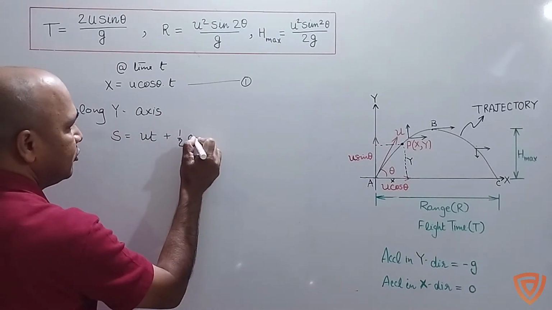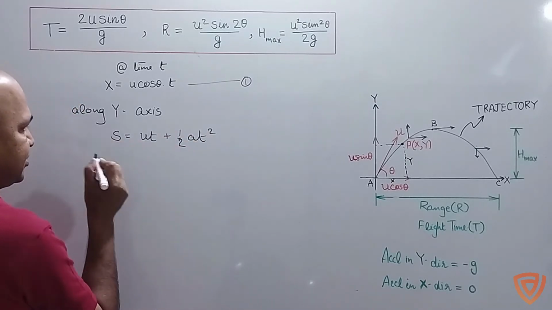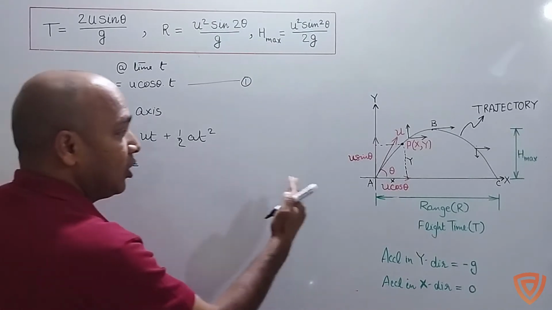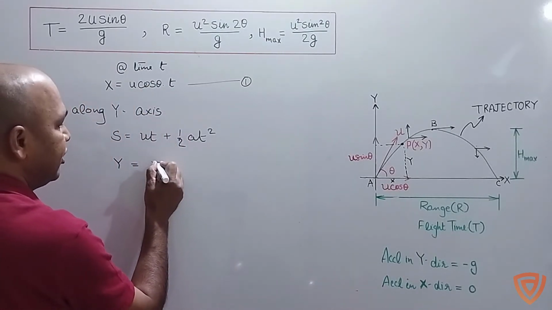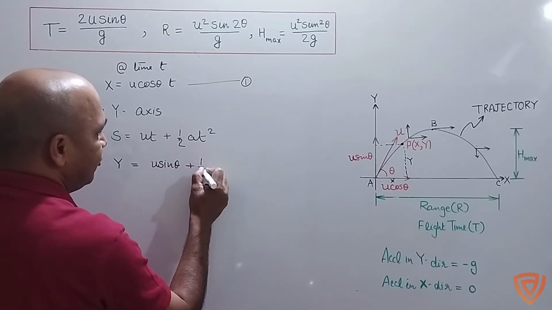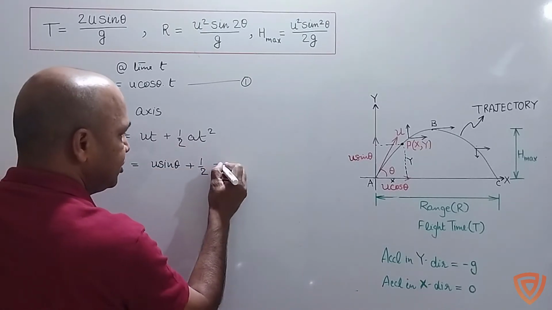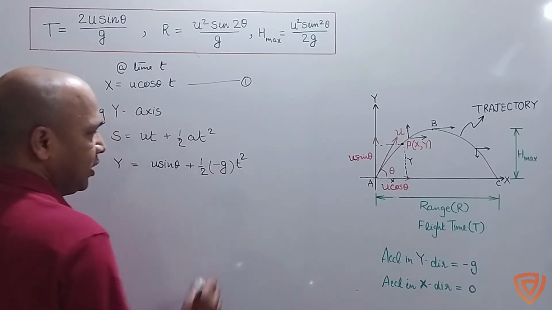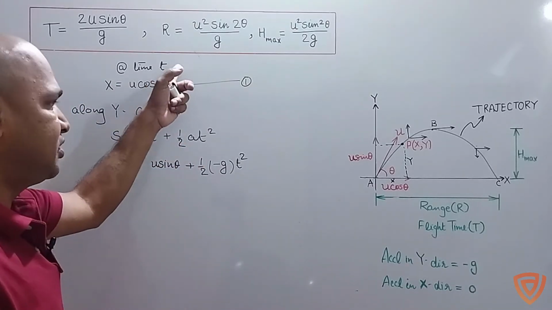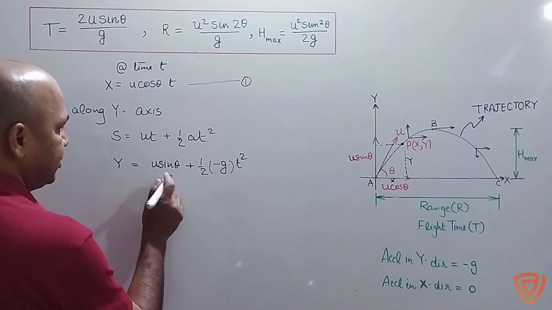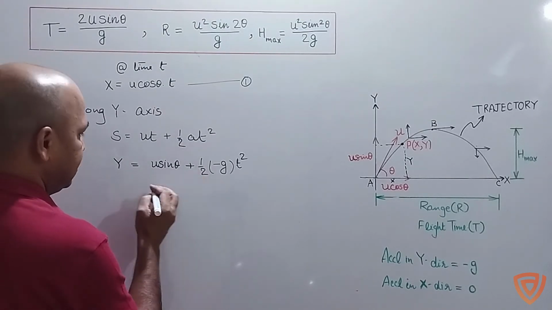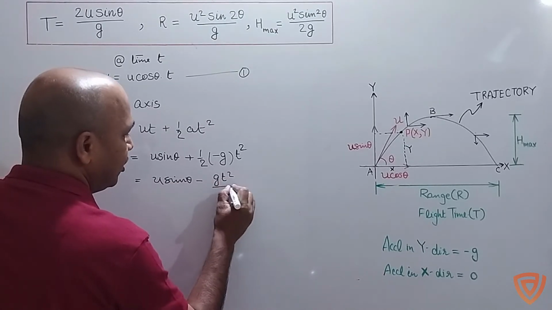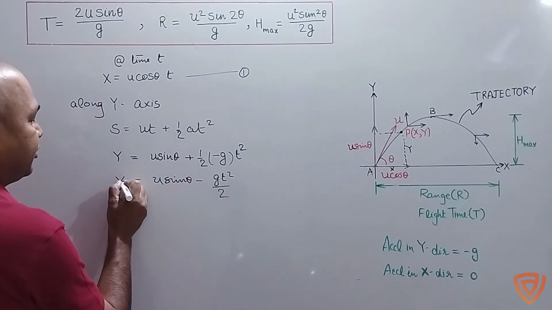Here s is equal to y, u is the initial velocity along the y-axis, which is u sin theta, plus half, a is minus g, t is t. We are working in terms of t only, at time t. So we get y is equal to u sin theta t minus g t square by 2. This is the second equation we get.